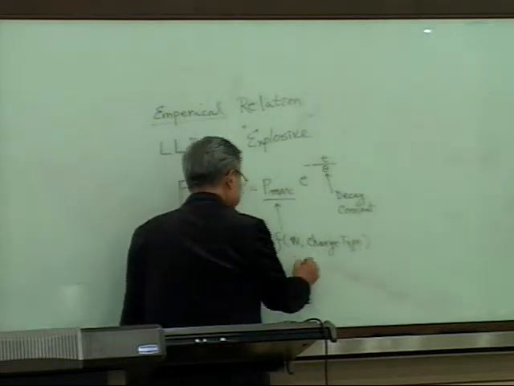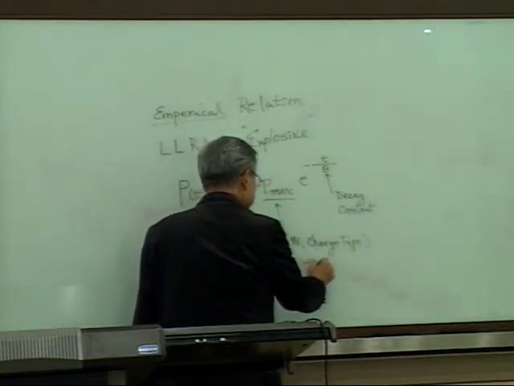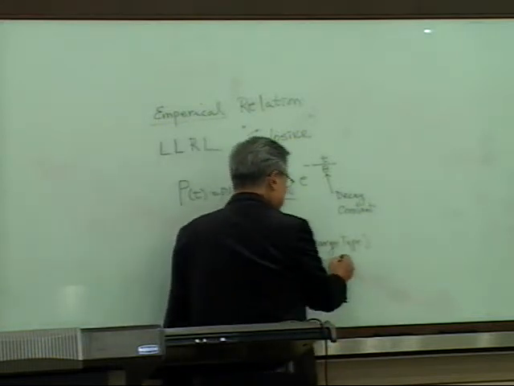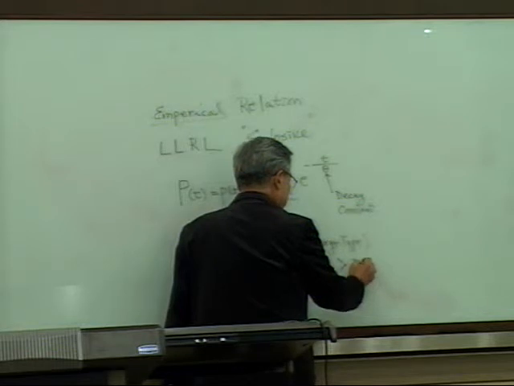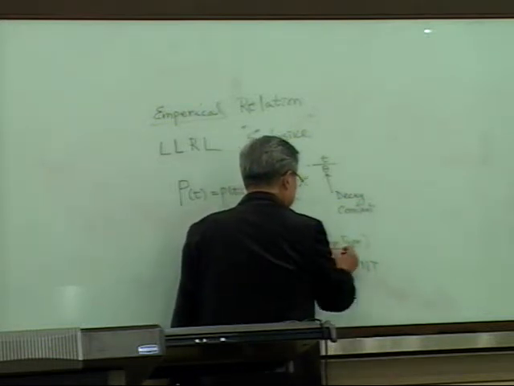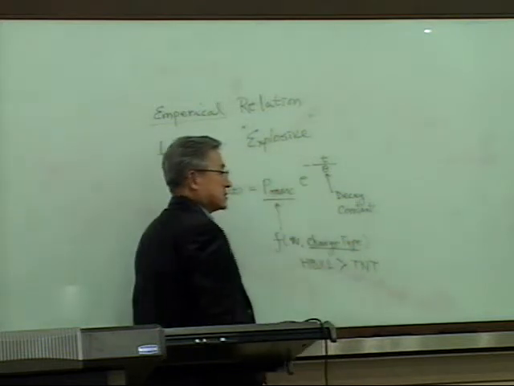HBX-1, a typical charge the US Navy uses, is much stronger than TNT, and it affects P max.